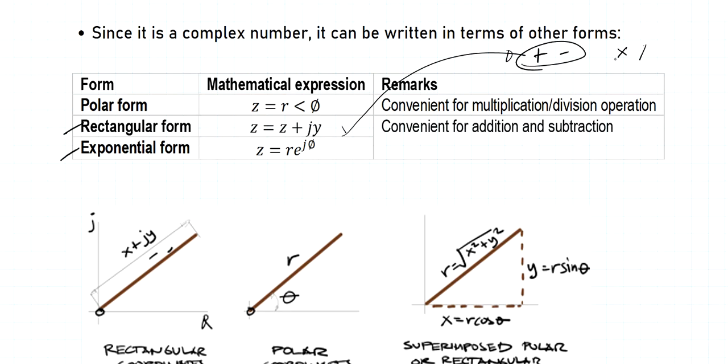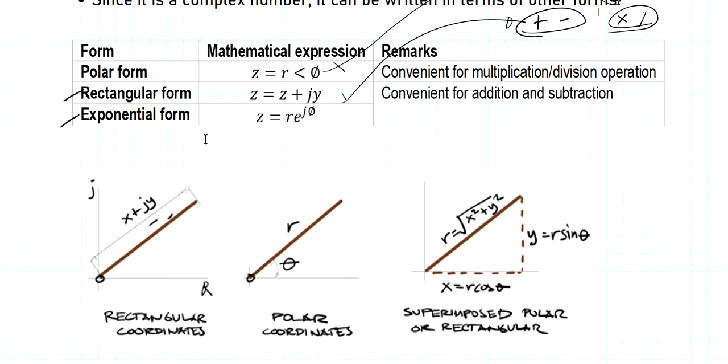In terms of multiplication and division, the polar form is more convenient. That is why we need to study how to convert polar form to rectangular form, or vice versa. There is also an exponential form, but we'll just focus on these two forms at the moment.